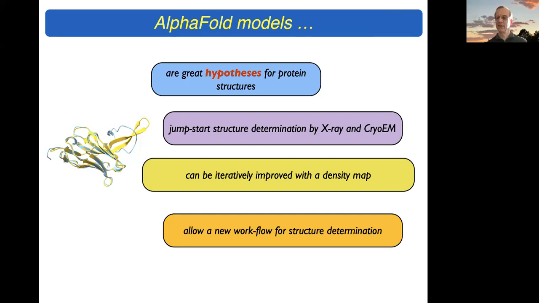Is the incorrect domain relationship still a problem with AlphaFold Multimer? So I don't personally have a lot of experience with AlphaFold Multimer, but I would expect it would be pretty much the exact same situation. So within one chain, the relationship between domains is often slightly or sometimes greatly incorrect.